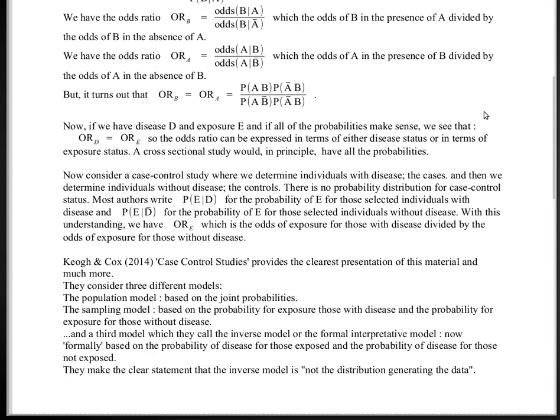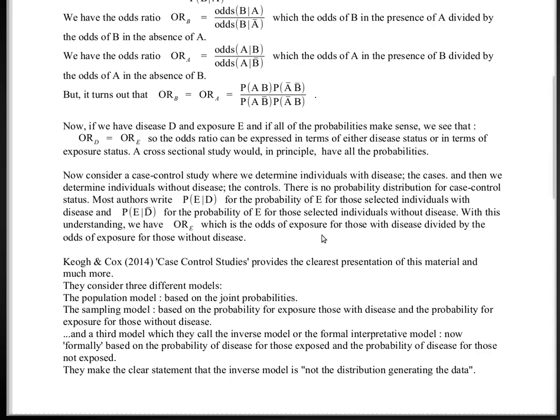Fair enough. Now, the challenge is this quantity, the odds ratio expressed in terms of exposure, is definitely available to us. What about the odds ratio in terms of disease?